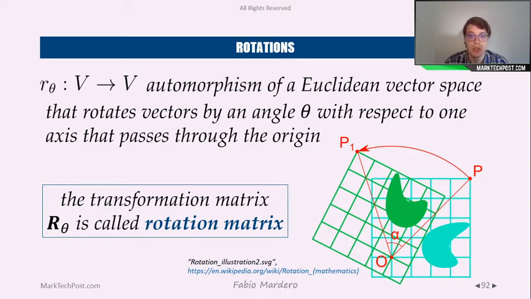So we select the axis, we choose the angle, and then this linear map rotates every vector we input to the function. In particular, since R of theta is a linear map, then we can associate to it a transformation matrix, R of theta. This transformation matrix is said to be a rotation matrix.